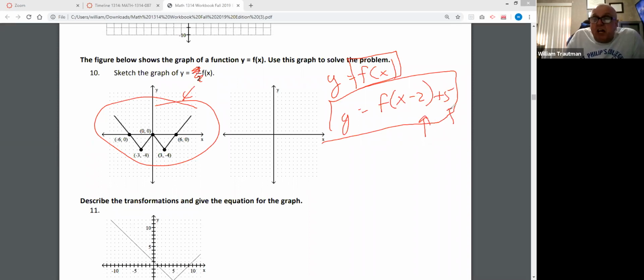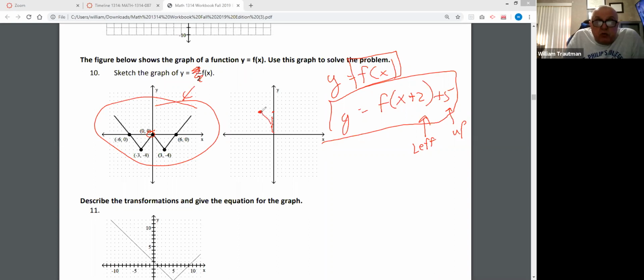A +5 means the graph moves up, and a +2 on the inside means the graph moves left 2 spots. So this whole W moves up 5 spots and then left 2 spots. Do you see? If we look at this point, it moves up 1, 2, 3, 4, 5, and then to the left 2.